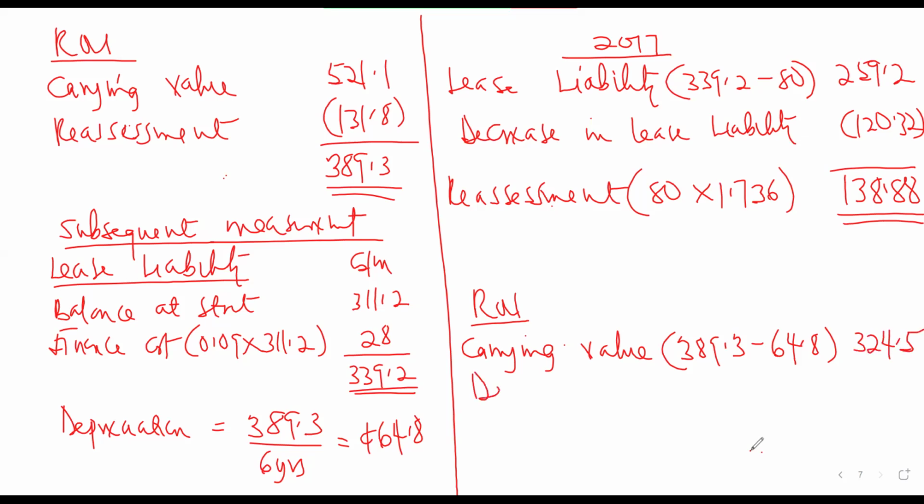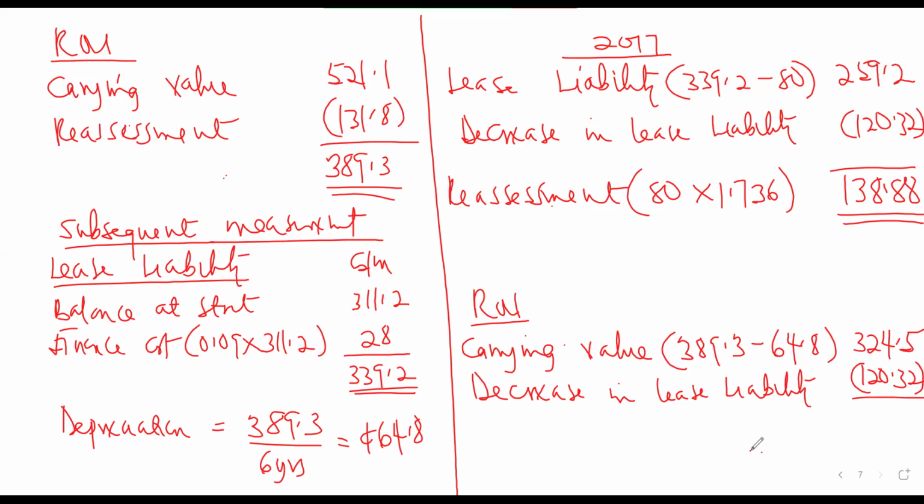So the decrease in the lease liability will also be reduced by this, so we have 120.38. Please, any increase or decrease as a result of the reassessment will be adjusted against the lease liability and also the right of use.